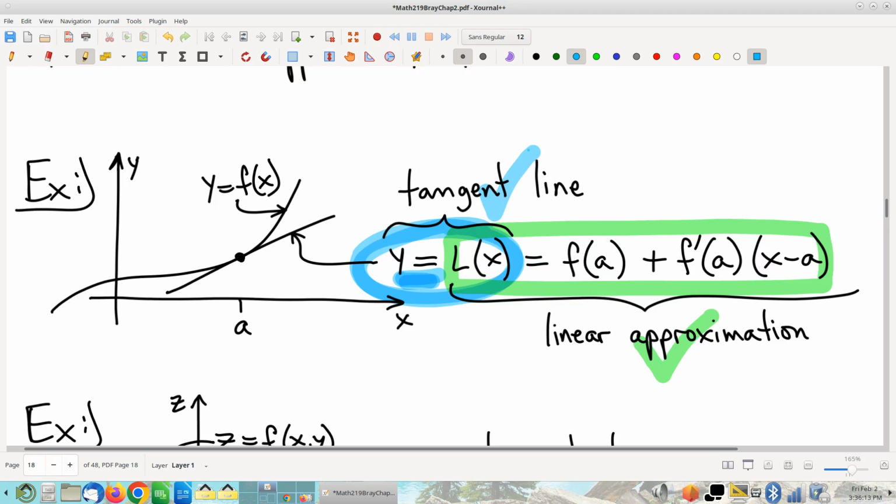So again, in a Calc 1 context that would be reasonable to be viewed as a fussy distinction, but in this context it really is going to matter because not every picture we're going to draw is going to be a graph. And so at this point we have to be careful to distinguish a tangent line from a linear approximation. One is the graph of the other.